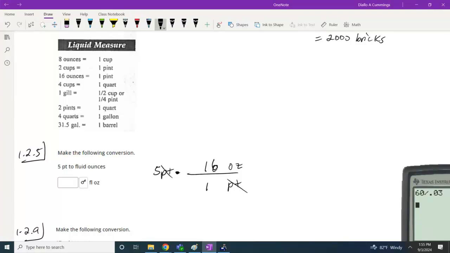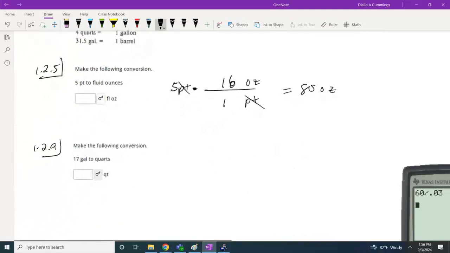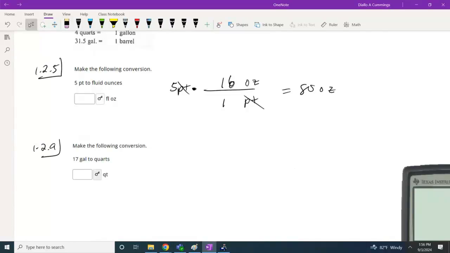When I multiply, my unit of pints is going to cancel. I'm now left with ounces. So if I multiply 5 times 16, that should be 80 ounces. So pretty much the same thing we were doing. The only difference is the conversions.